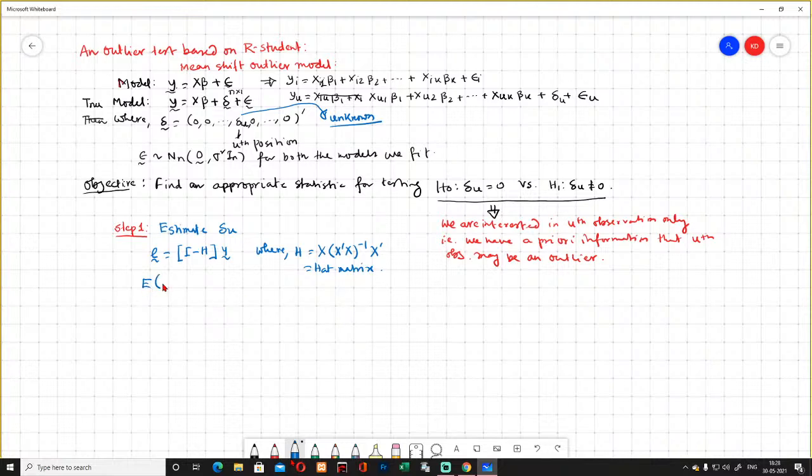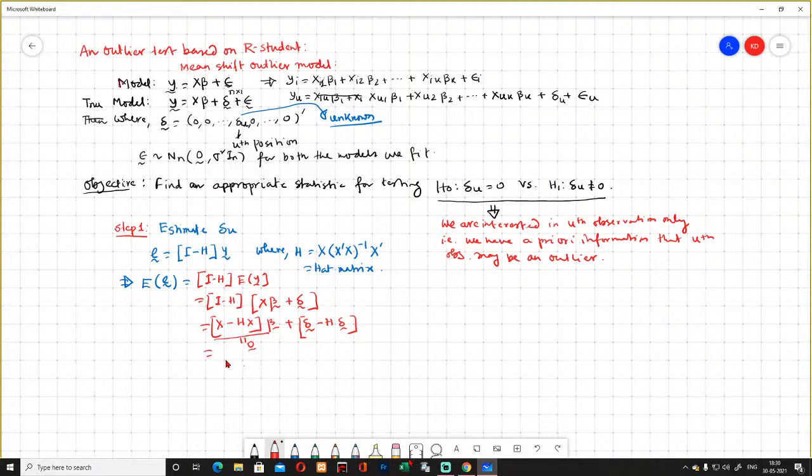Then we see that expectation of e curl, sorry, expectation of e curl is not zero curl here, because I minus H times expectation of Y curl, for the true model, should be X beta curl plus delta curl. So X minus HX beta curl plus delta curl minus H delta curl, and this is zero curl.